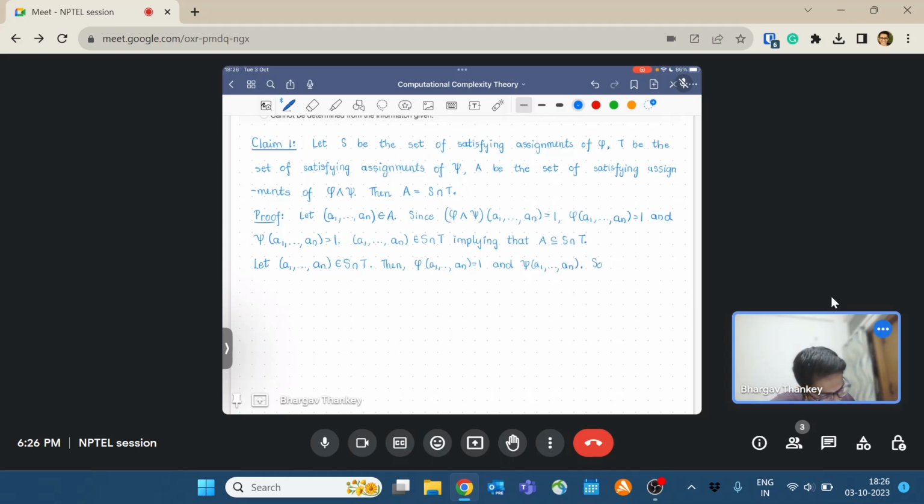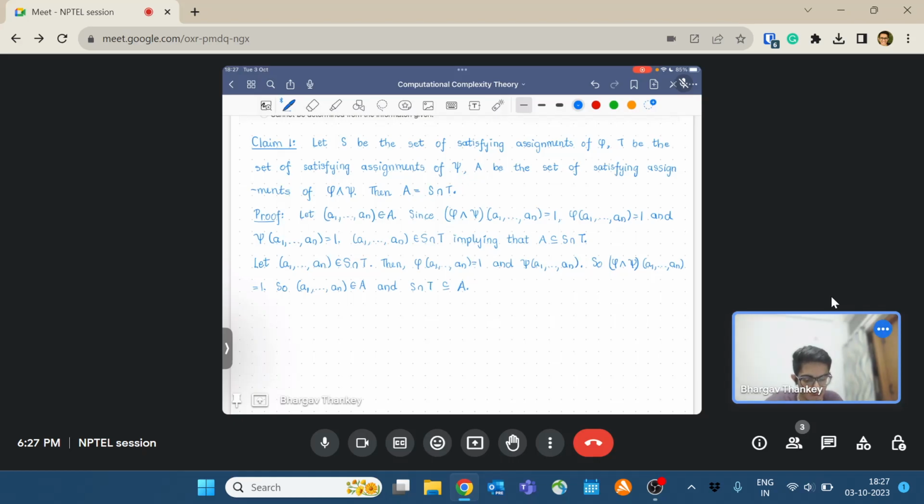So phi and psi is true, so A1 to AN is in A, and S intersection T is a subset of A. Okay, so now we have a characterization of the set of satisfying assignments of phi and psi.